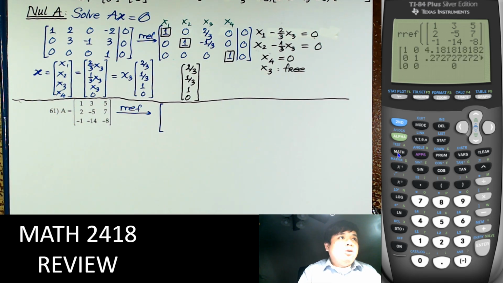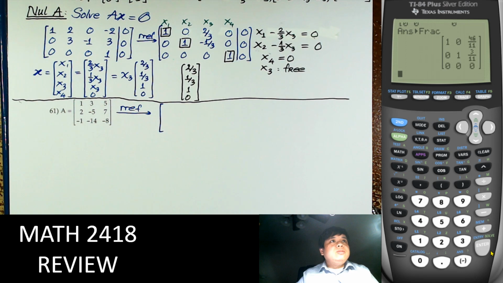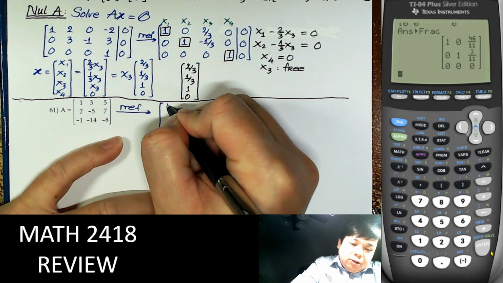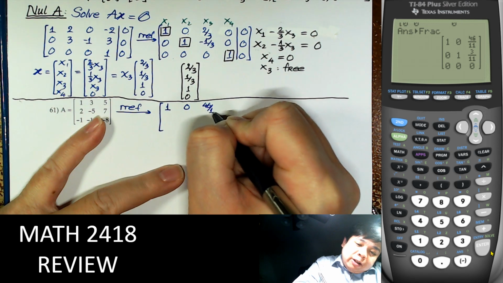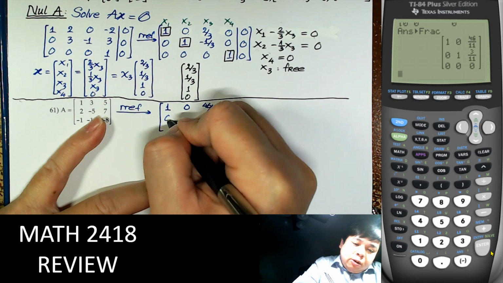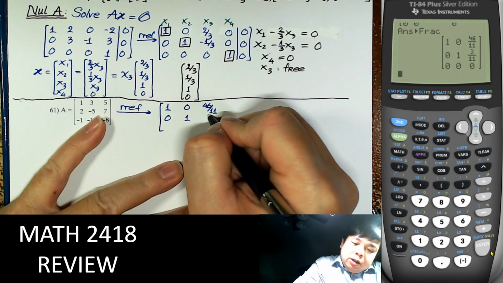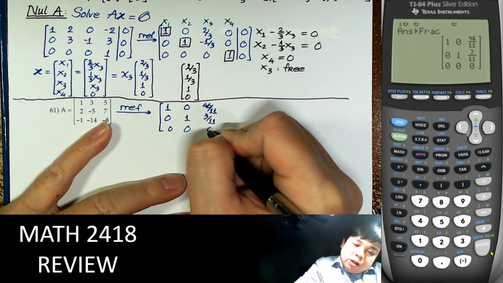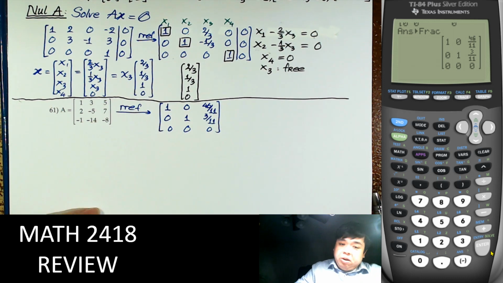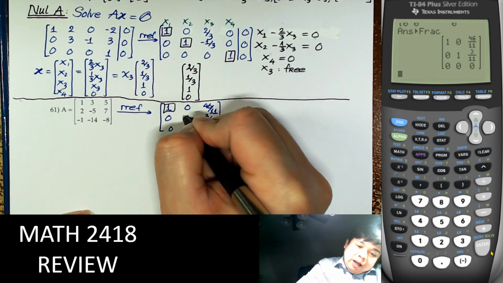Right, let's convert this to fractions. 1, 0, 46/11, 0, 1, 3/11, 0, 0, 0. Right? So the pivots are here and here.